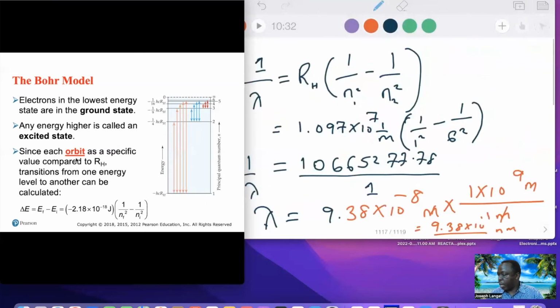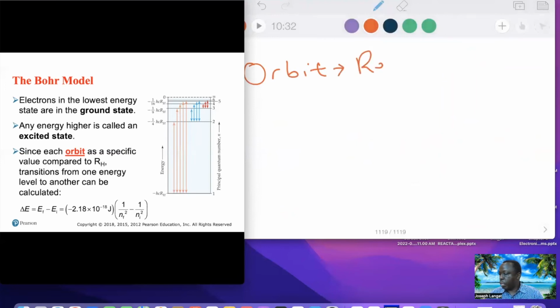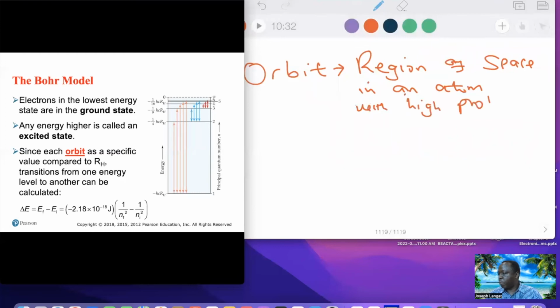And what I have underlined there is orbit. An orbital is just a region of space in an atom where there is a probability of finding an electron.